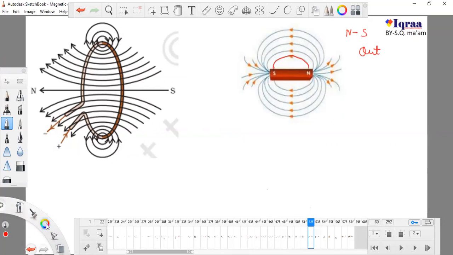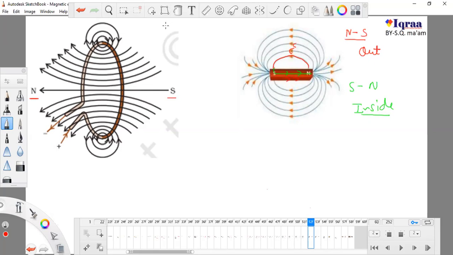And if I want to complete this, it is south to north inside. We drew this, and we have studied this and did this experiment. So north to south outside, and south to north inside. Now I'm indicating that this pole is north, this is south.